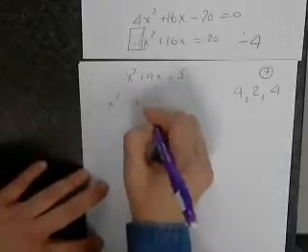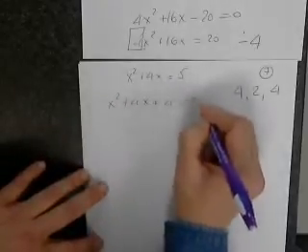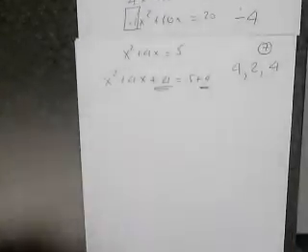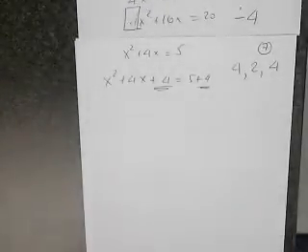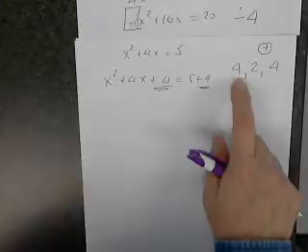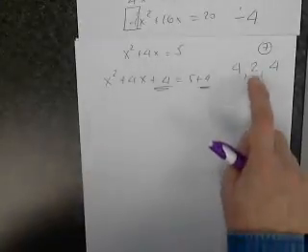x squared plus 4x plus 4 equals 5 plus 4. It must appear on both sides. If I omit to add it to the other side, I change the problem completely. I'm not solving the problem that I was given to solve. What did we just do? The middle coefficient is 4. I divide 4 by 2, I get 2.